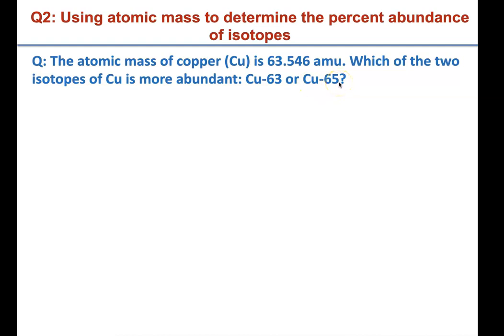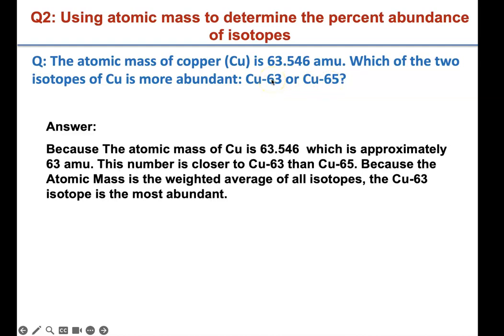This is a very simple explanation. Look at this number and see who's close to that number. So 63.5 is closer to 63 than 65, right? So it would be 63. And here's the written explanation.